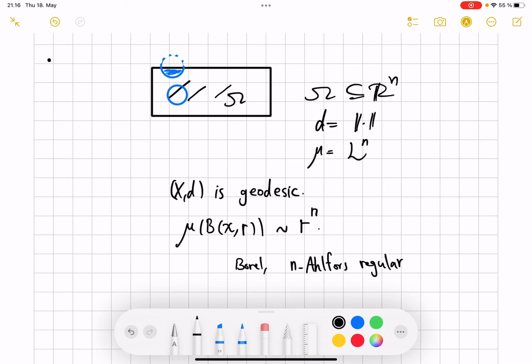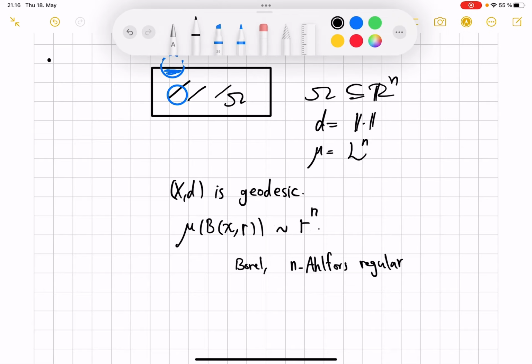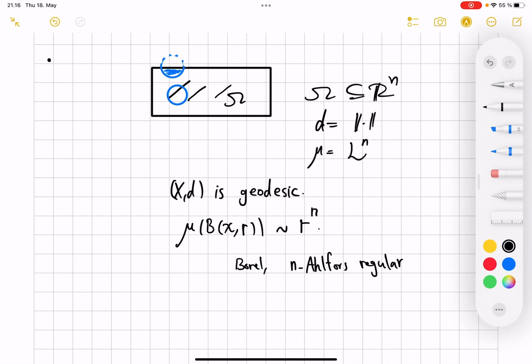Yes, actually it supports the best Poincare that we can hope for, which is the 1-1 Poincare. Of course, this is not an easy fact, but if you believe in Poincare inequality in the Euclidean spaces, then this follows immediately for this space as well.